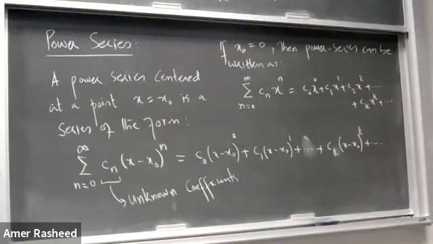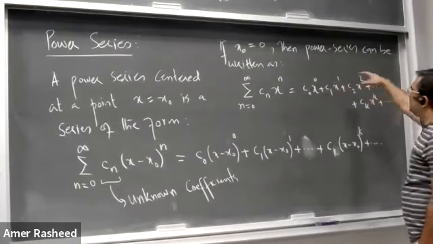Sir, doesn't this just make it a polynomial of infinite terms? Can you repeat your question? Does it not just become a polynomial of infinite terms if x naught is equal to 0?